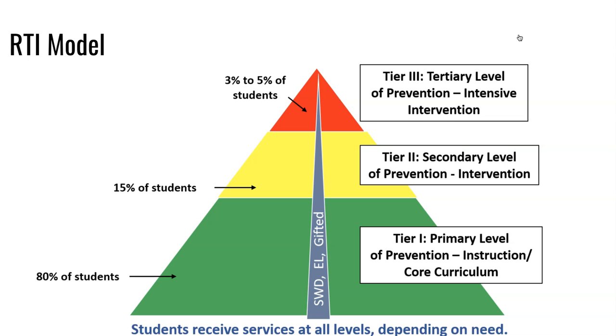So what the RTI model tries to do is to keep all the kids in the general ed classroom as much as possible. So a child gets referred, the child gets tested, and we're going to keep them in the classroom. The primary level of prevention, instruction, core curriculum, is going to be tier 1.